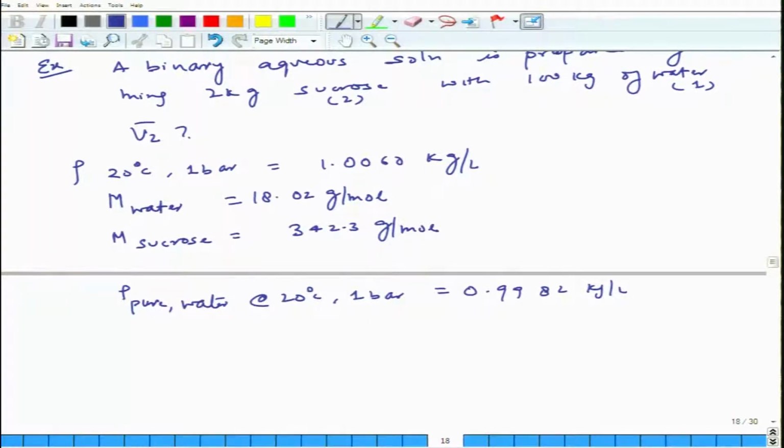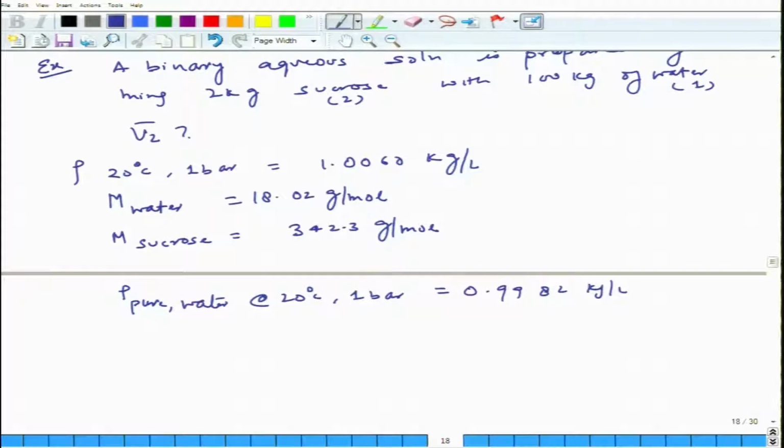So, how are we going to find out the partial molar volume of sucrose? That is the question. Now, we do not have anything else. So, what we can see is that the amount of sucrose we are adding to the solution is extremely small compared to the solution. Okay. That means delta N2, because 1 is water and 2 is sucrose, is extremely small.